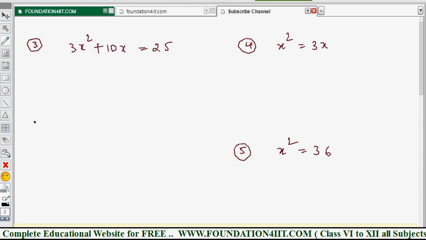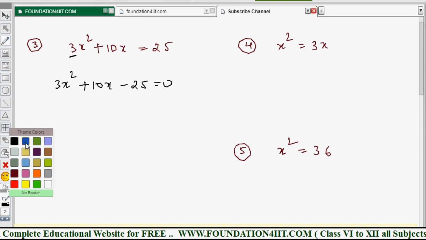Now according to the method, the x square coefficient is 3, but this is not in general form, right? To convert to general form, 3x square plus 10x minus 25 is equal to 0. We should take everything to the left side. That is the first rule. Now the x square coefficient is 3 and the constant is minus 25.